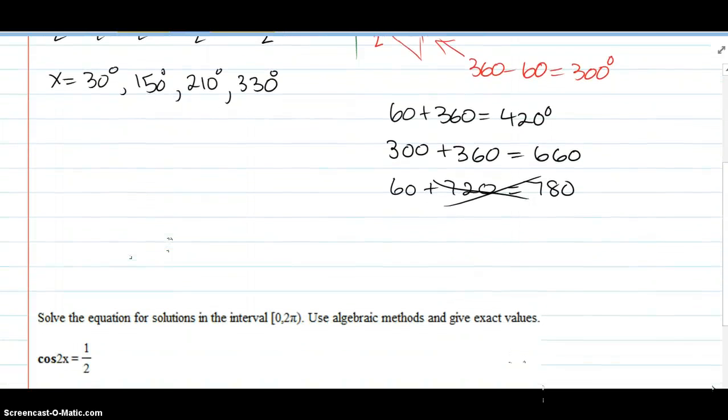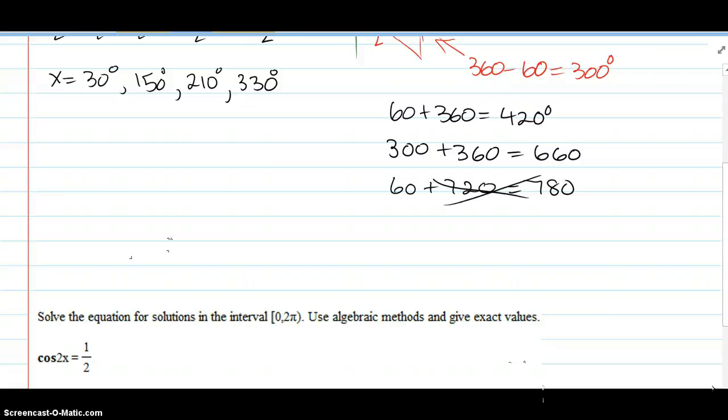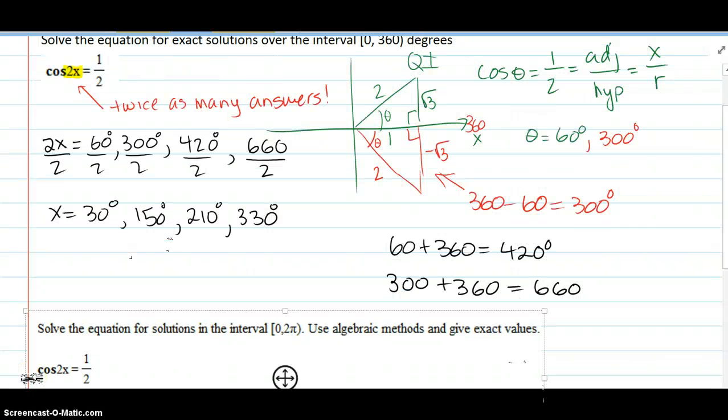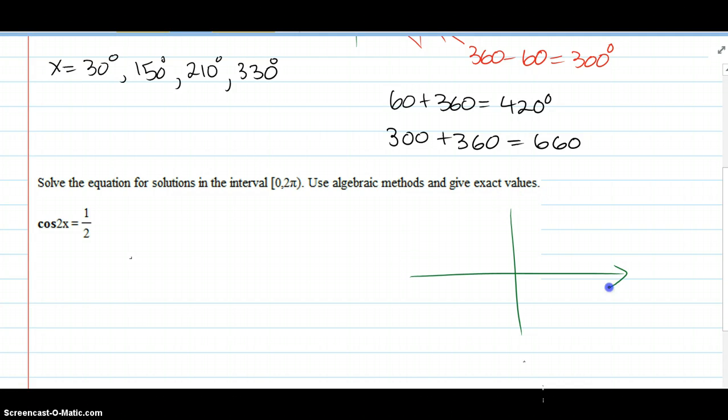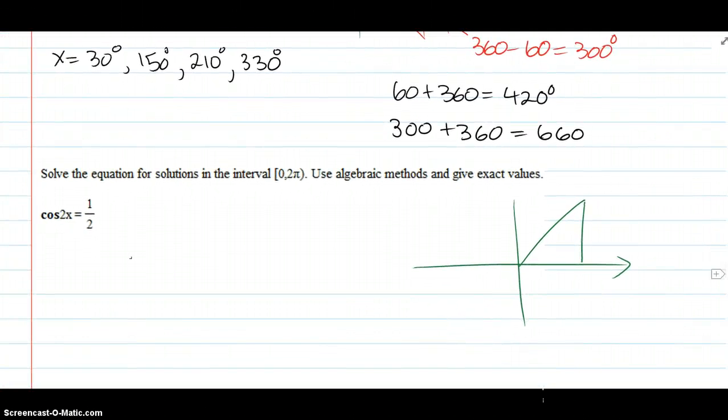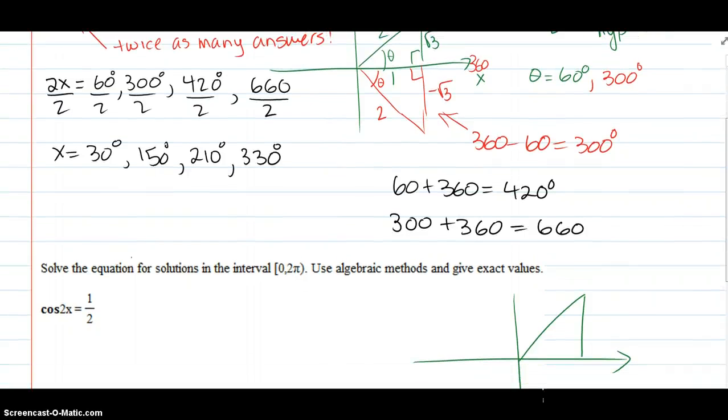So let's scroll down and look at this question. It's the same question as above, but instead of between 0 and 360 degrees, it's 0 and 2 pi. Can we do the same thing in radians? Well, we don't really need to redo this whole thing, but I will come up with another picture, where this is square root of 3, this is 2, and this is 1.